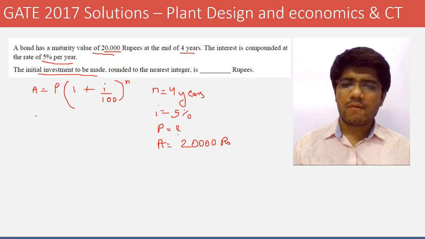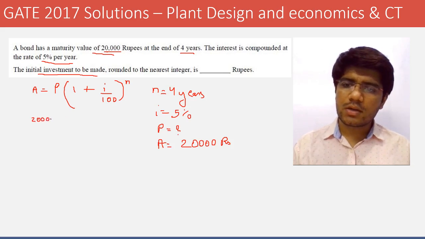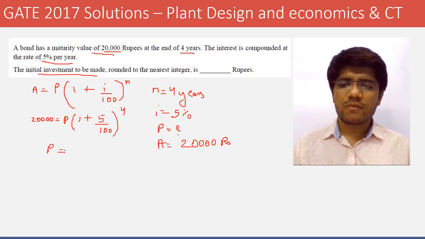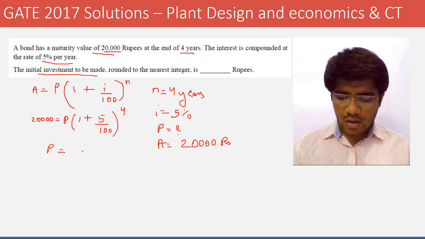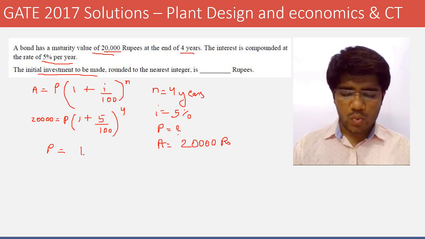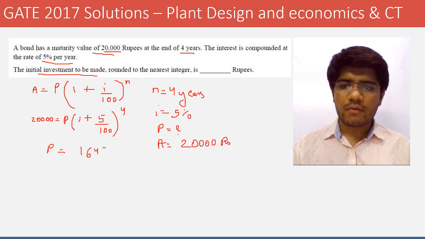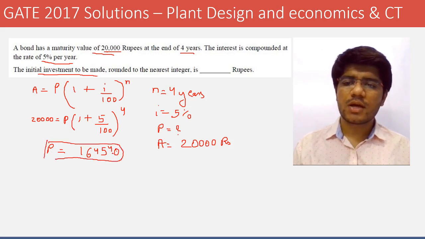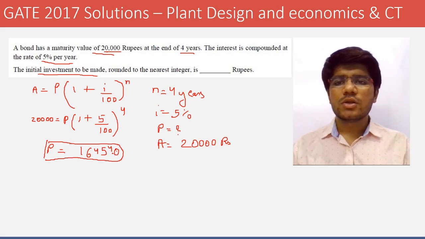Here we have amount equals 20,000 equals P into 1 plus 5 upon 100 to the power 4. When we solve this question, we get P equals 16454.0. This is the final answer for this question. It is coming in the range which is given by the GATE 2017 official answer.